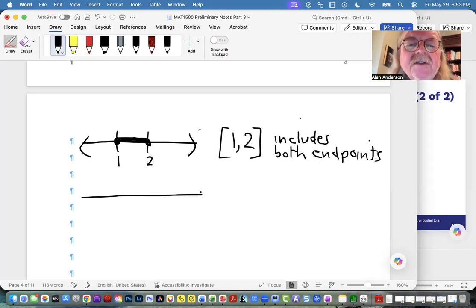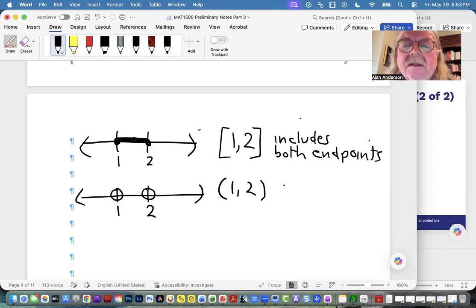But at the other extreme, where I include neither, I have hollow circles and I use round brackets. All right. Oh, by the way, it does include everything in between. Let me just fill that part in.